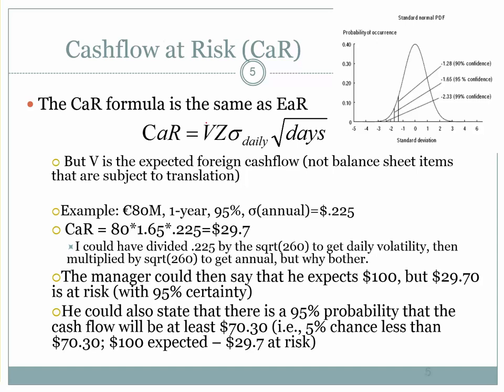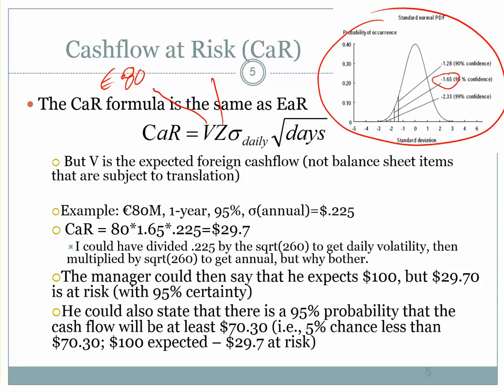V is the net position we're going to receive or pay. That's my 80 euros. Z would be from a standard deviation table, a statistics table. And if your boss wants 95% confidence for some level of cash flow, you'll take a look at this table and see that that is 1.65 standard deviations.